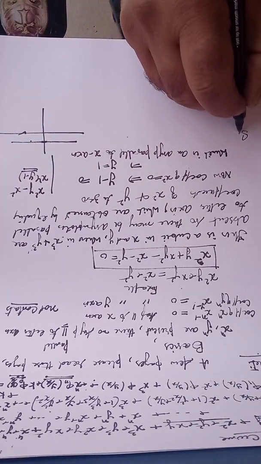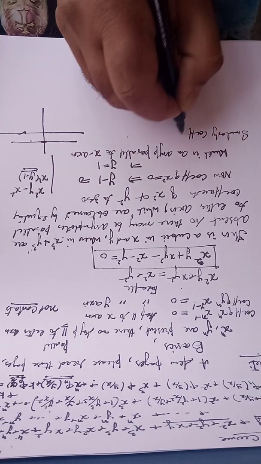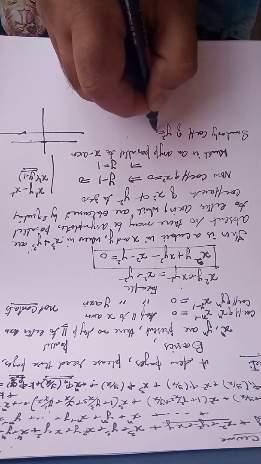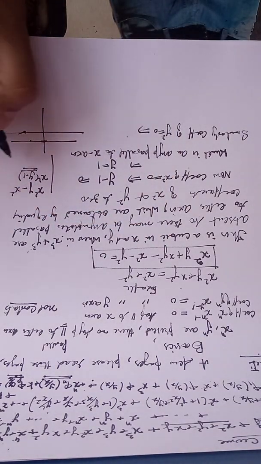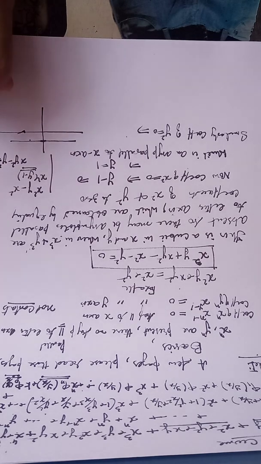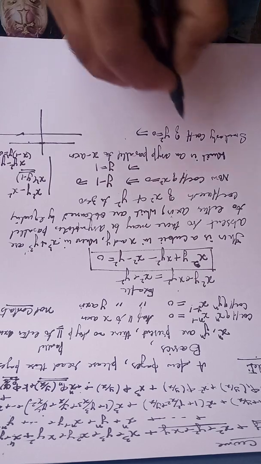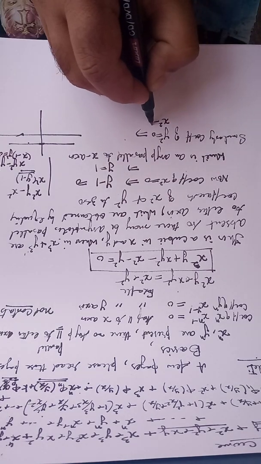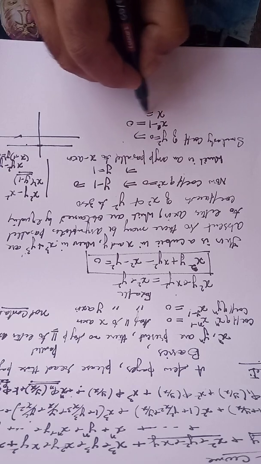Similarly, coefficient of y square equal to 0 implies, now coefficient of y square, you have xy square minus y square equal to 0. This is x minus 1 times y square equal to 0, means x minus 1 equal to 0, means x equal to 1.